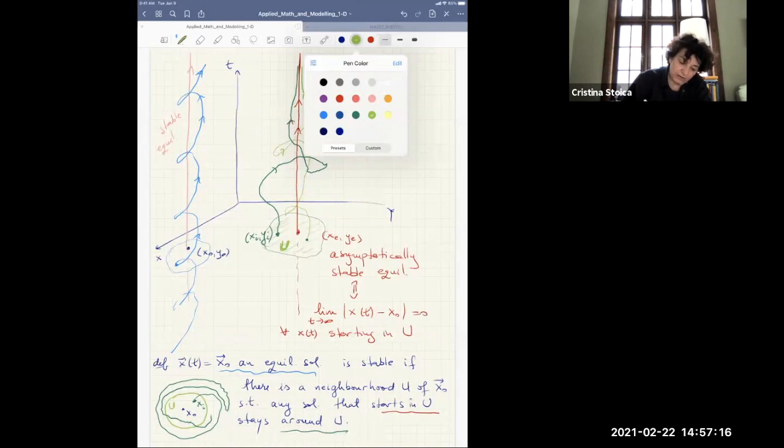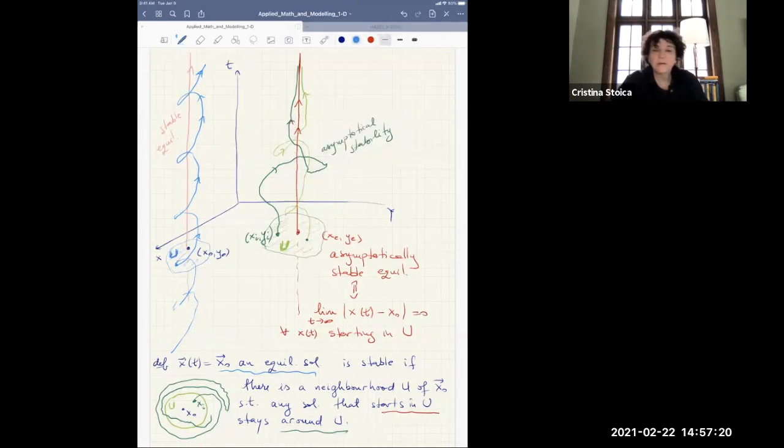I don't want to make it more formal. I can write it in terms of neighborhoods, but I just don't want to go there. I want you to remember the picture if you can. The picture is better.